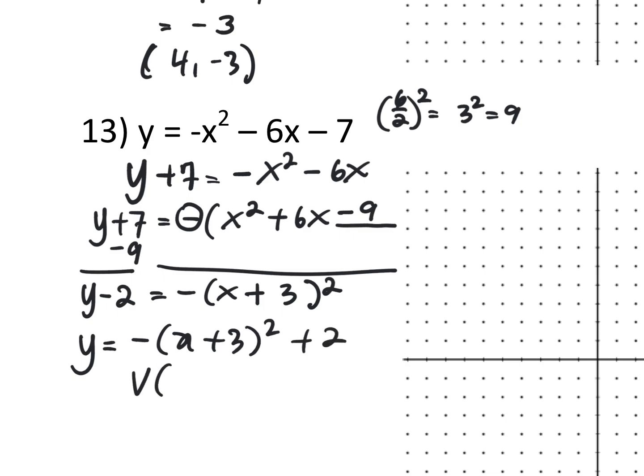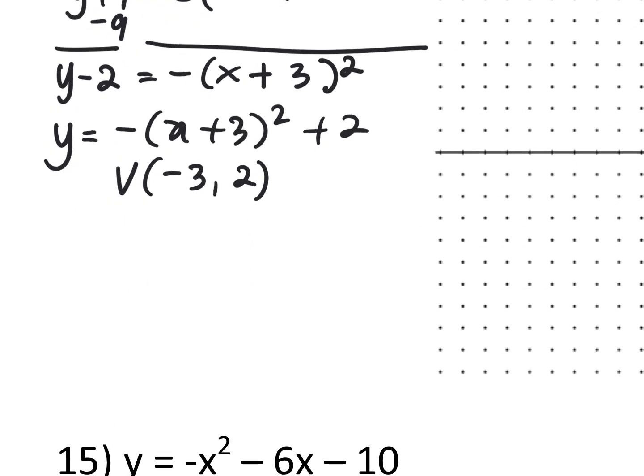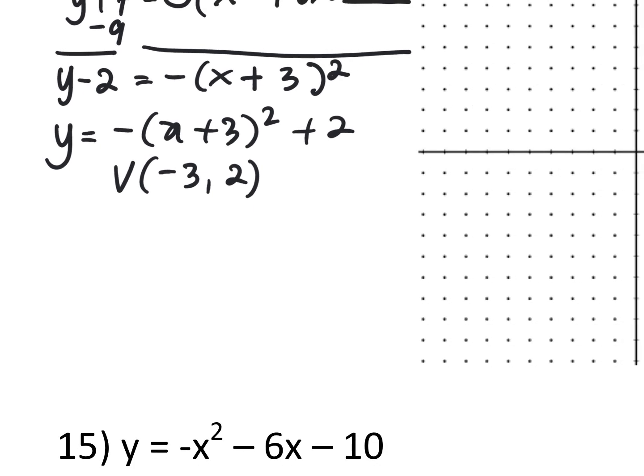So the vertex is located at negative 3 and then 2. My axis of symmetry is negative 3. So maybe I'm going to get negative 5. Okay, what will happen if I get the point negative 5? That's going to give you negative times (negative 5 plus 3) squared plus 2.